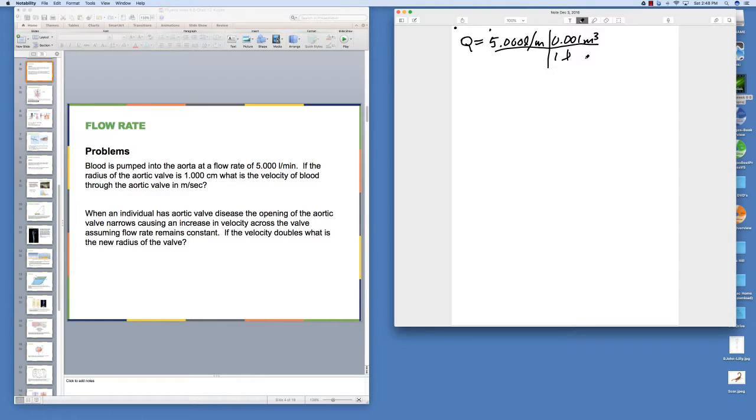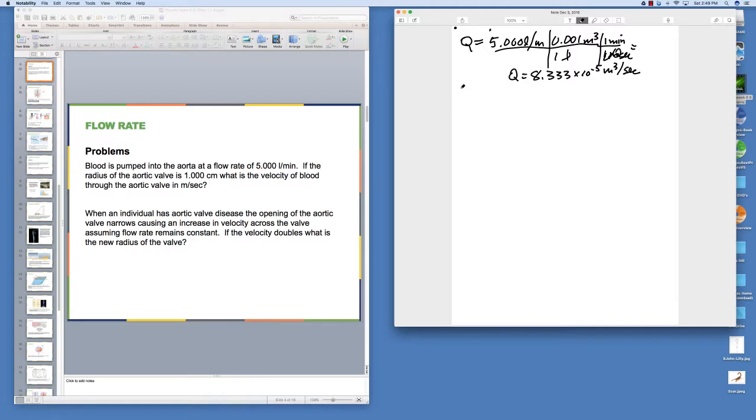And I just looked that up in a book, and 1 minute is equal to 60 seconds. So if you do the math here, then Q converted to cubic meters per second comes out to be 8.333 times 10 to the minus 5 cubic meters per second.